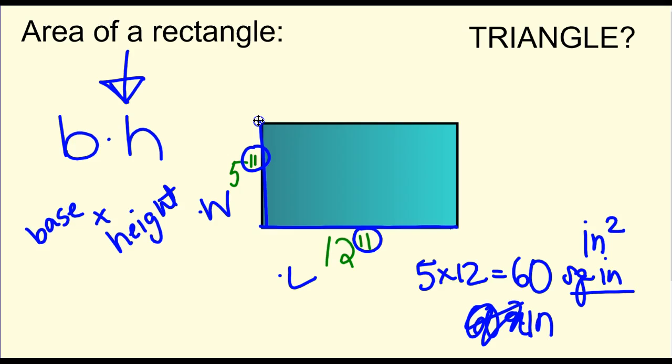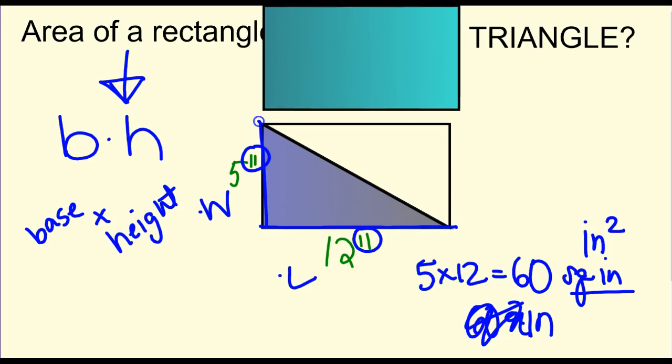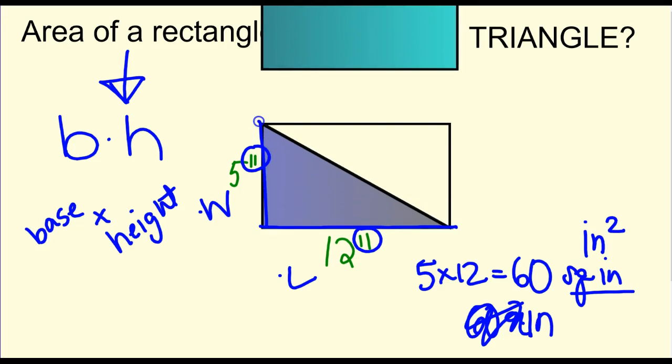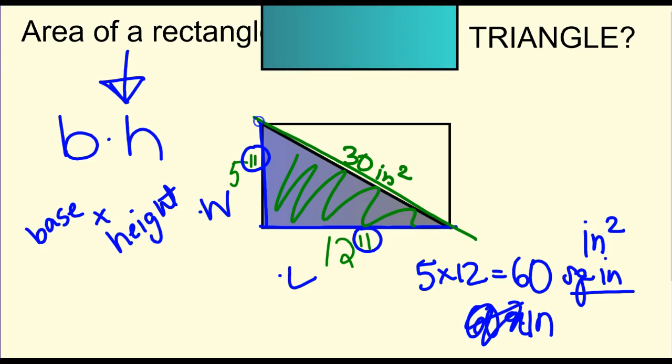Now I'm going to ask you, what do you think is the area of the purple triangle that's inside here? Well, if you notice, I'm exactly cutting it in half. So the area of this triangle would be half as big. I would get an area of 30 square inches for that shaded purple part.